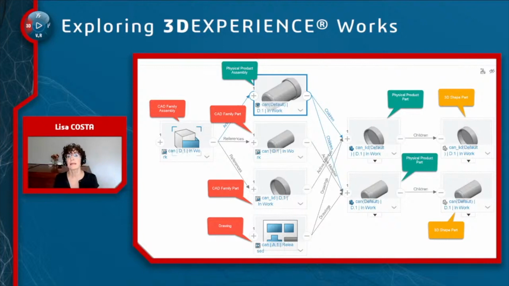And you decide if a configuration is really a different product, a different part, or if it was just something for visualization. But once you say, yes, this configuration should actually be its own physical product, that one CAD assembly could have made 20 different physical products at the assembly level and 40 different physical products at the part level.